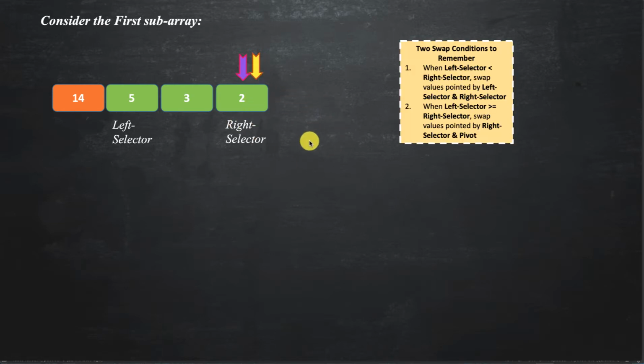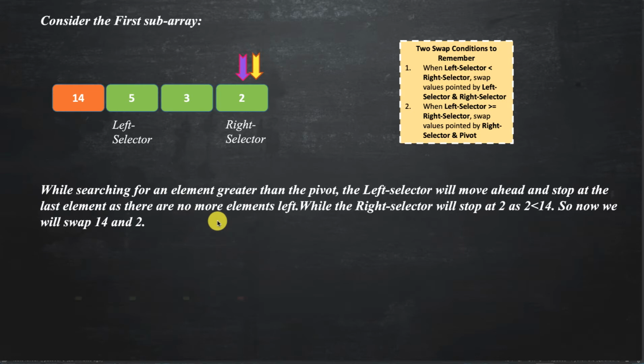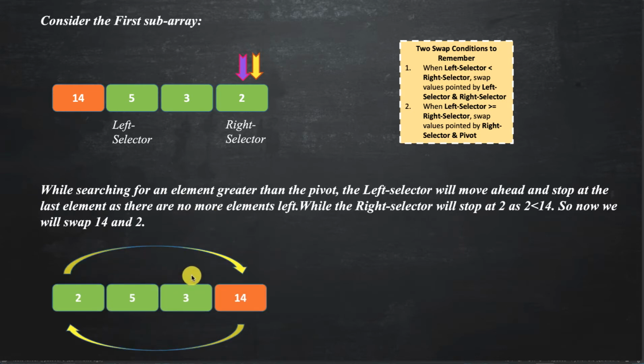In that case, you can see we have come to the second condition where the left selector is greater than or equal to the right selector. So when that happens, we swap the value pointed by the right selector with the pivot. So we swap the pivot with the value pointed by right, and then we stop the partitioning.